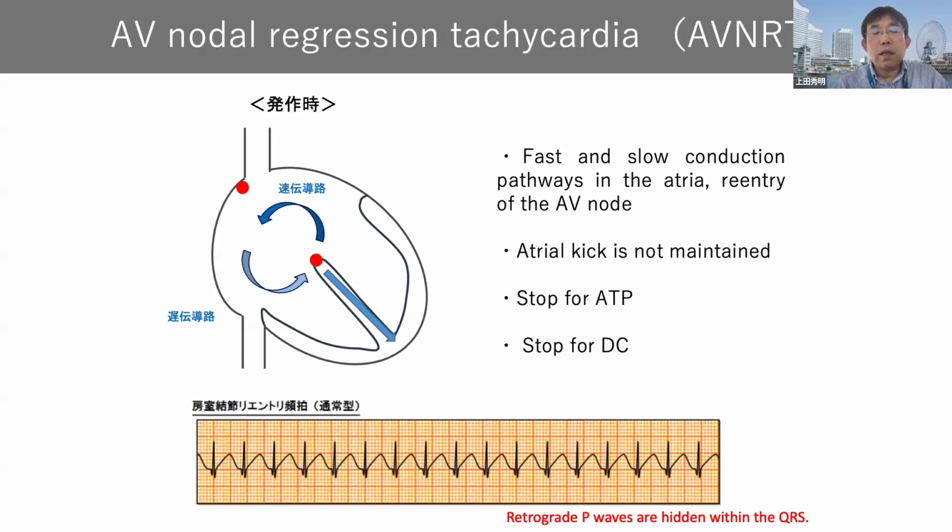As you can see, this is a very typical ECG, where there should be a retrograde P wave around here, but it is always hidden within the QRS, so we cannot distinguish it.